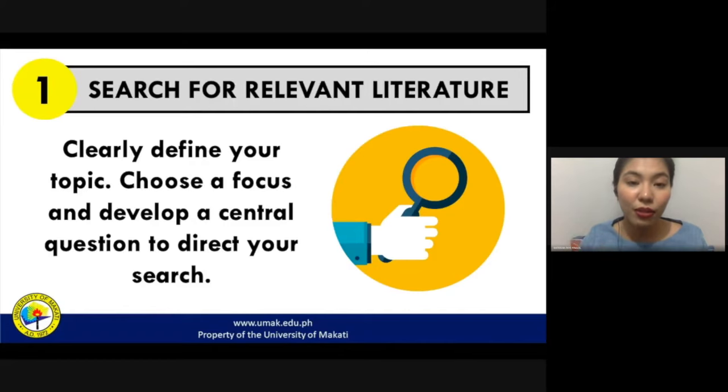If you try to formulate a question that is related to your topic, take for example, what are the things that are going to be related, or what are your anticipated questions about that particular topic, then those are the questions that could help you identify relevant literature.